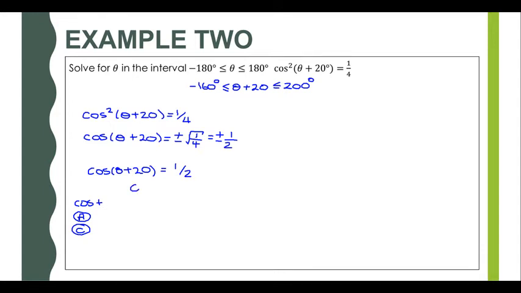Firstly I need to find theta plus 20, which is equal to inverse cos of a half, which gives us 60 degrees. Then I can use my CAST diagram. So C and A are the two sections I need as cos is positive.